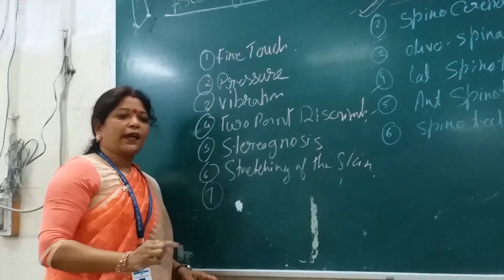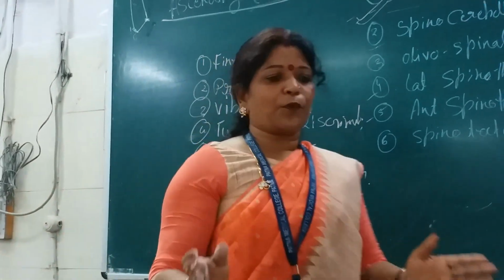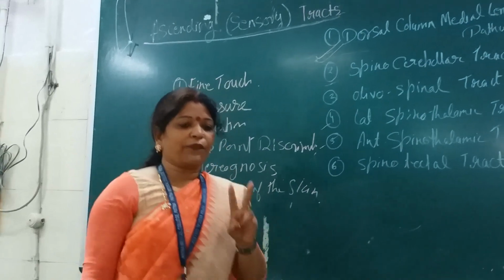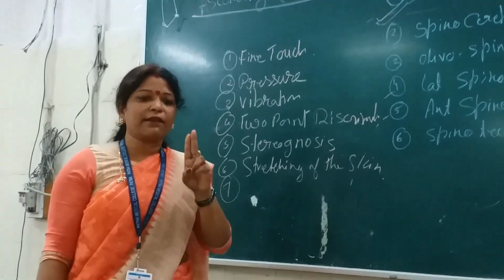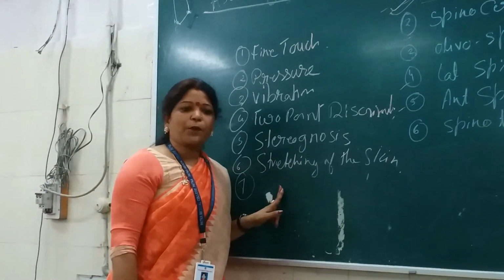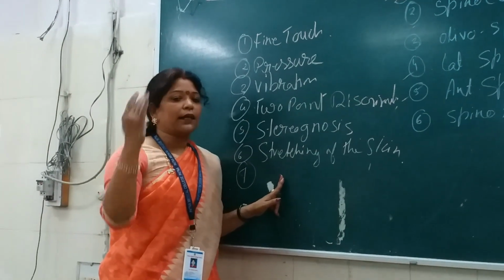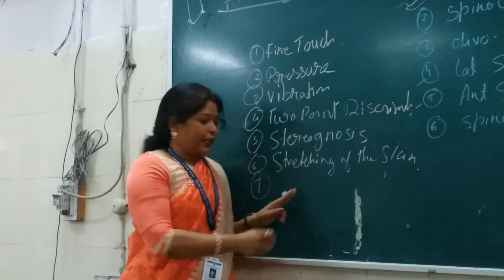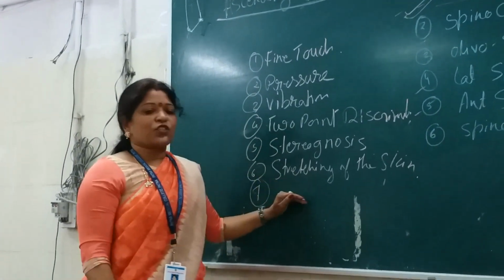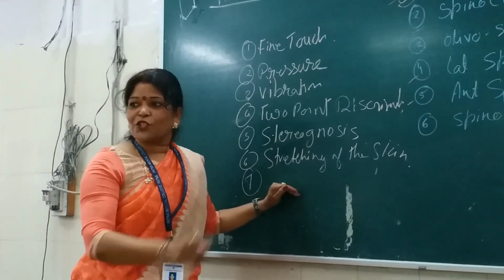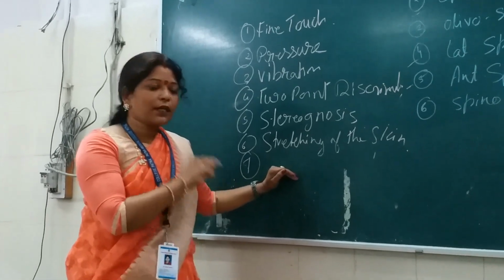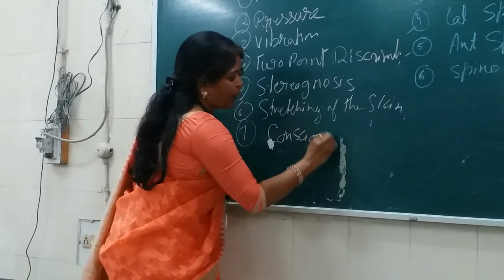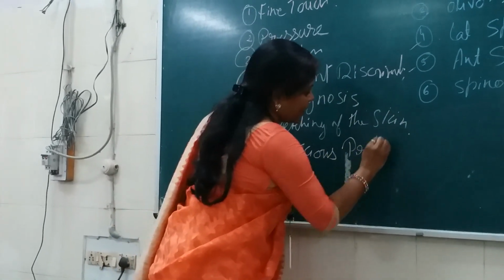Isn't it? We have divided these proprioceptive impulses between two different ascending tracts: one is conscious proprioceptive sensation and the other is unconscious. So you have to be very careful about which type of proprioceptive impulses this tract carries. It is the conscious proprioceptive impulses.